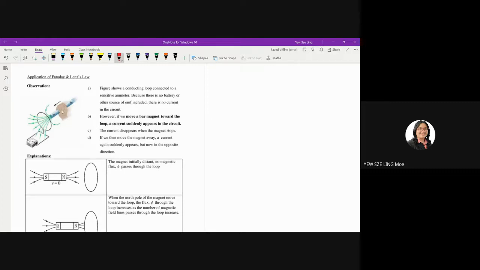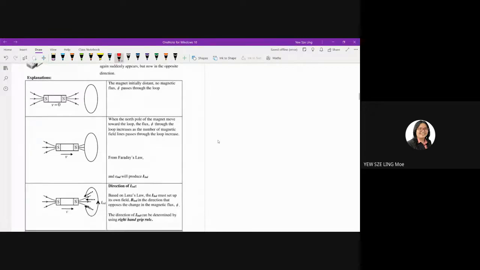When there is a change in the magnetic flux, there's an induced EMF. And the reason the current is in the opposite direction is that the induced current generated always opposes the flux that generates it, the flux in the coil.